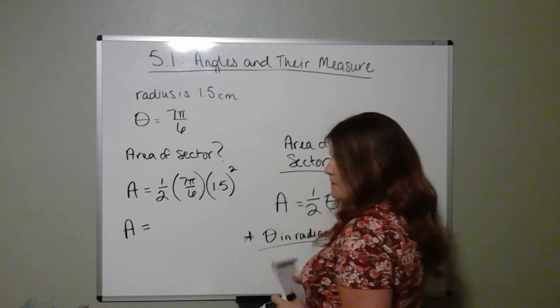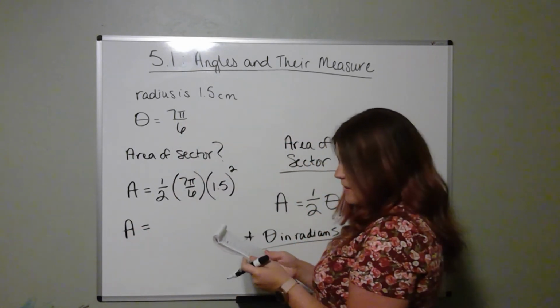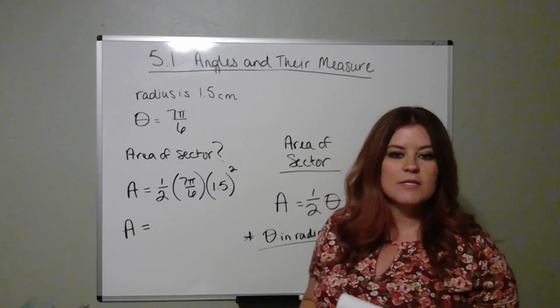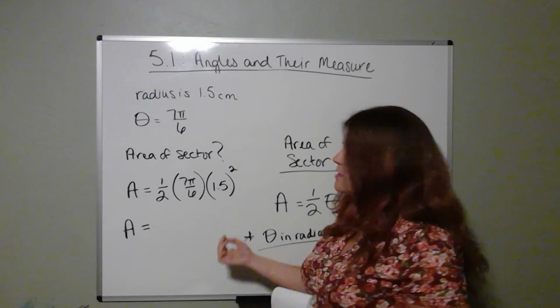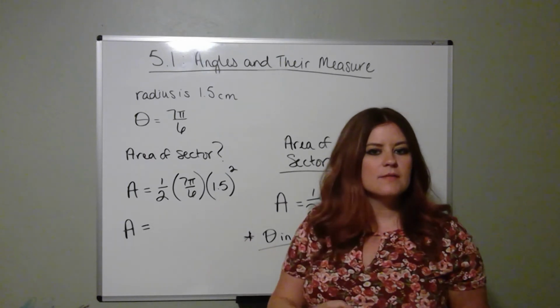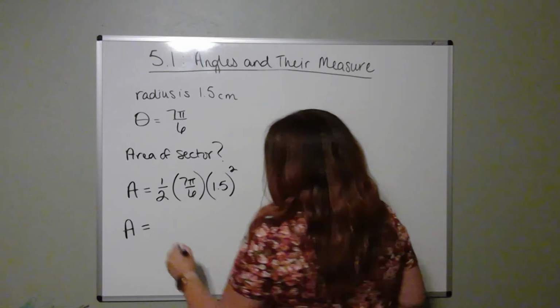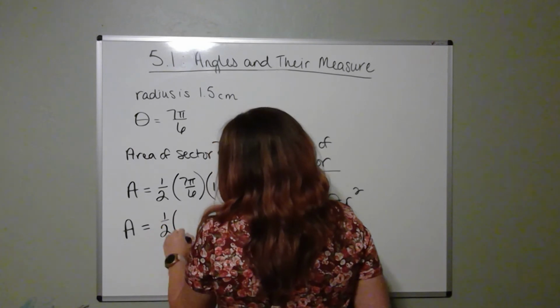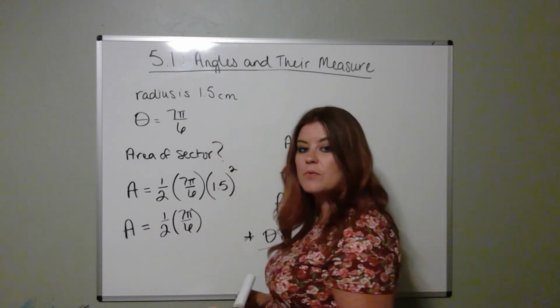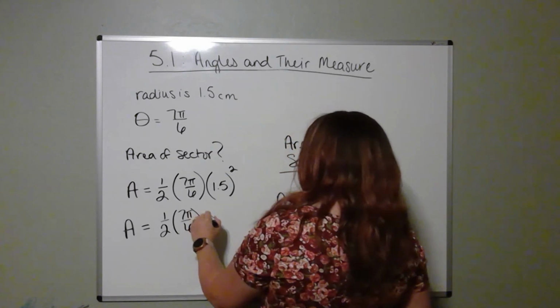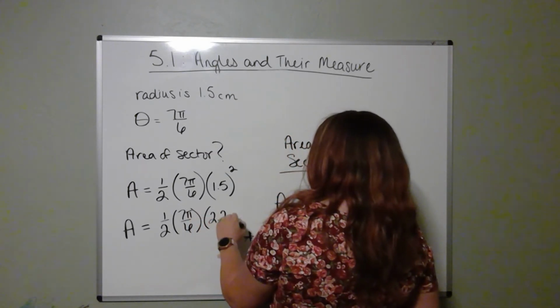I can't actually remember if this question is exact or a rounding question, so I'm going to do it exact and then round it so we have both. So we have 1/2 times 7 pi over 6. Let's go ahead and square 1.5. 1.5 squared is 2.25.